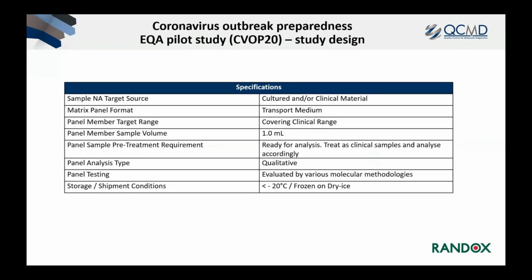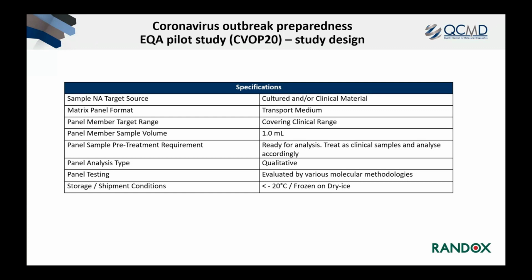So taking us back to the first pilot, we followed our standard specifications for our respiratory programmes. As Ben has already mentioned, we use cultured clinical material, whole pathogen material, and that's extremely important to ensure the samples replicate clinical samples.